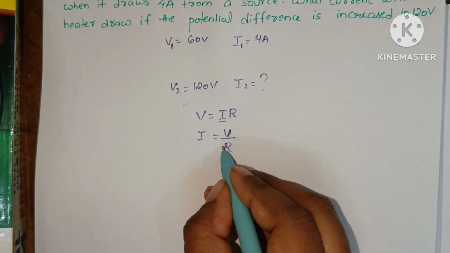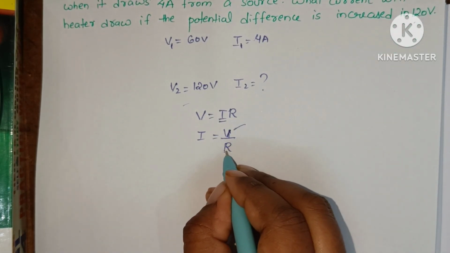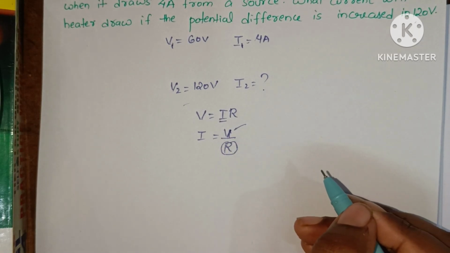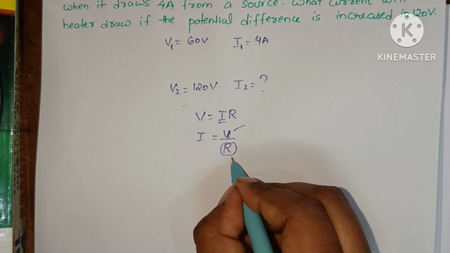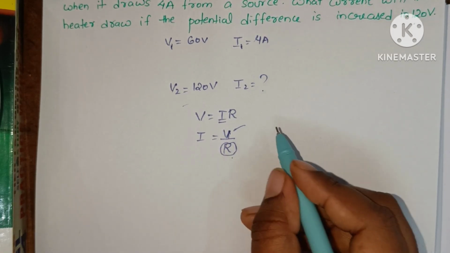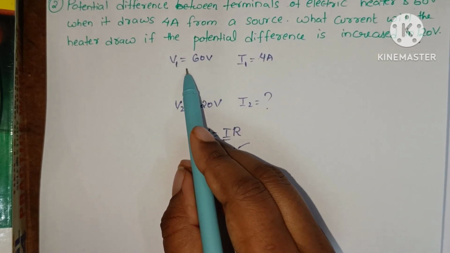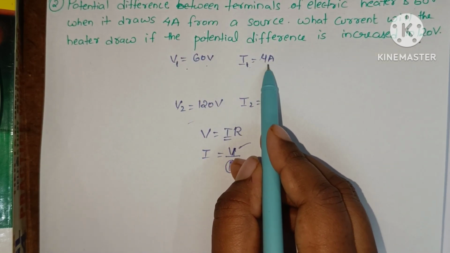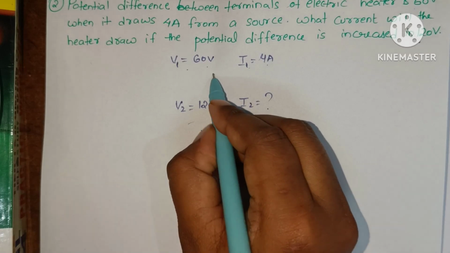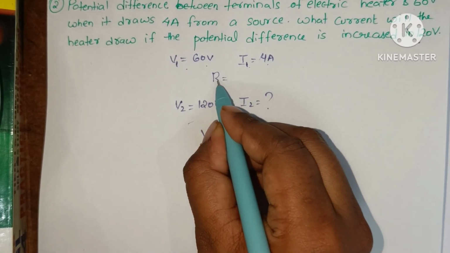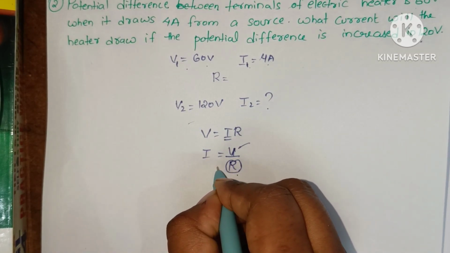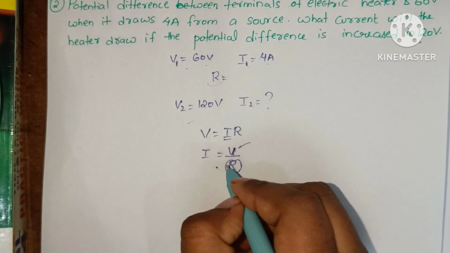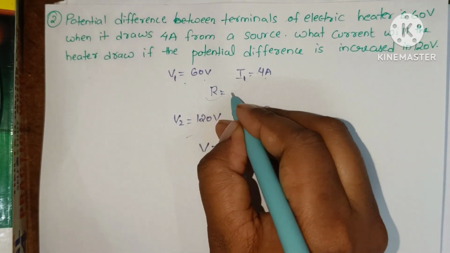Here you know the V value, but you have to know the resistance. Before, in the concept, I said that resistance will remain constant, right? Here the voltage is 60 volt and the current is 4 ampere, so from here you can find the resistance value. Resistance will remain constant here also, so you can use that value.